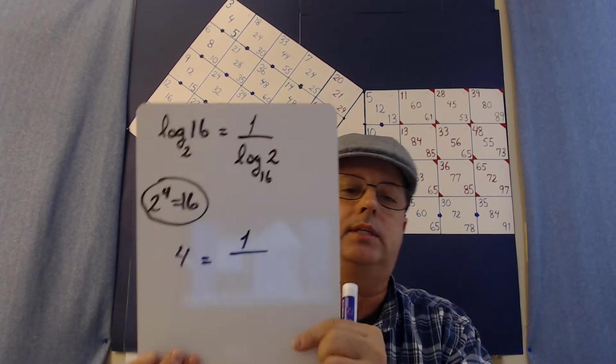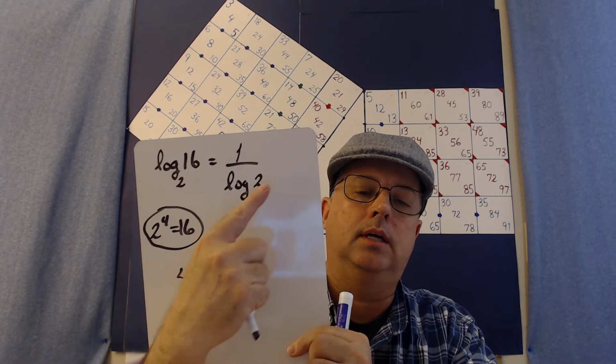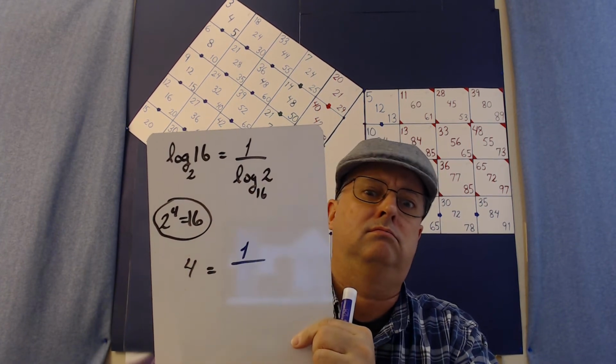And now then, what power of 16 gives us 2? Okay, let's see if we can figure it out. Log base 16 of 2. So we put our equals and our blank here.